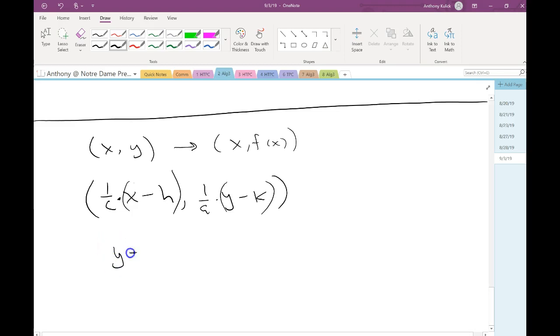So I can start with y equals f of x. So in place of y and x, I'm going to use these transformed coordinates.